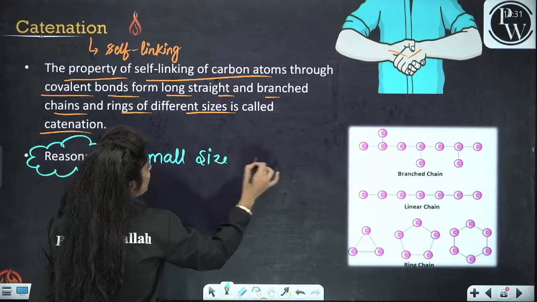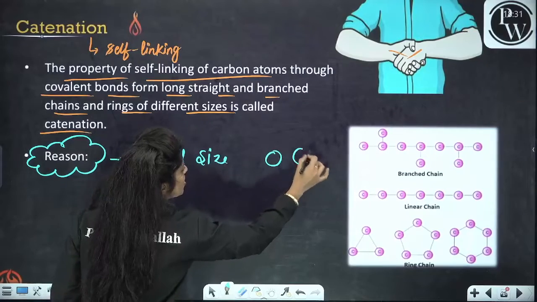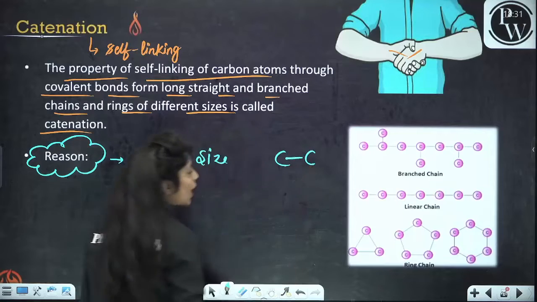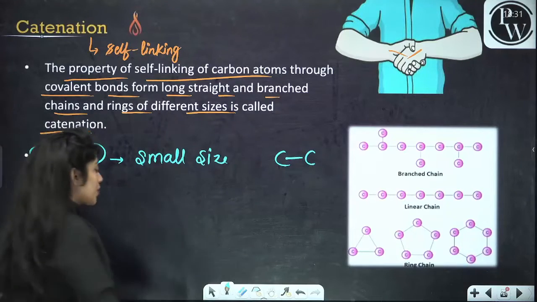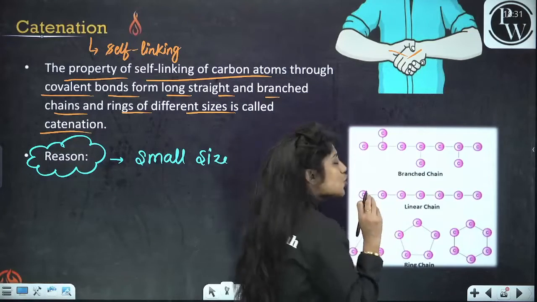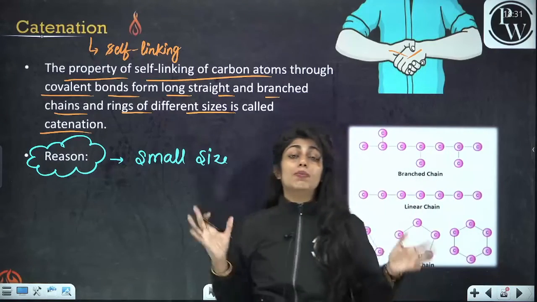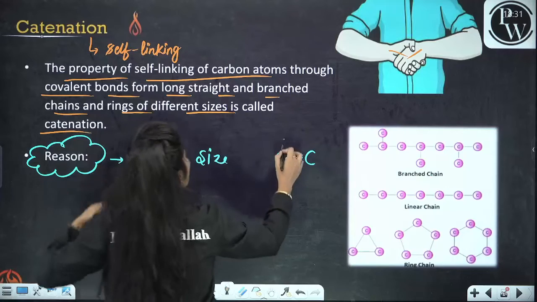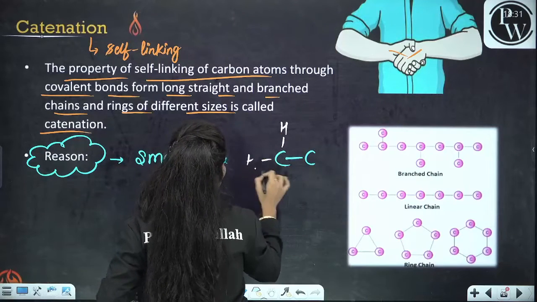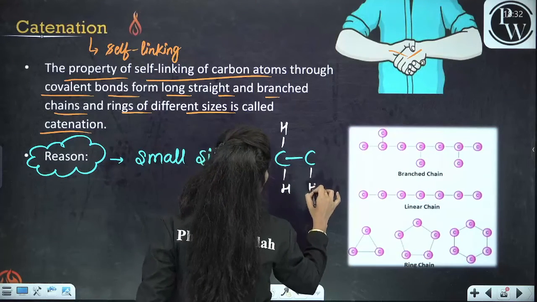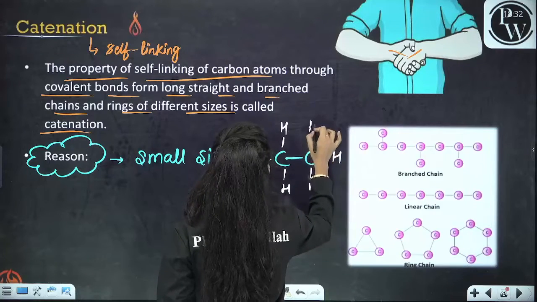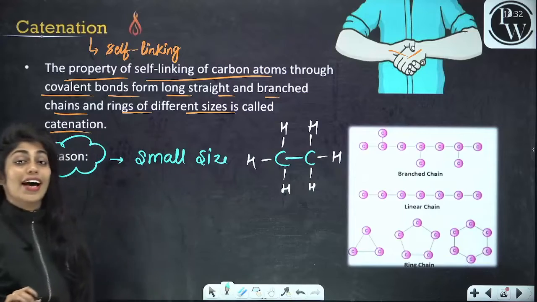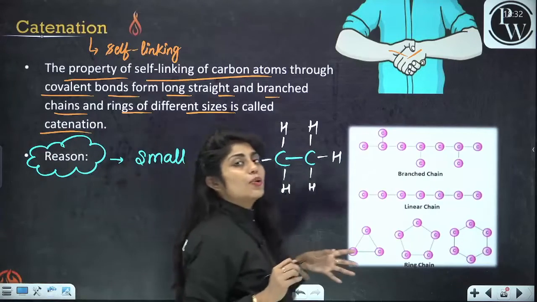Small size of carbon. Suppose this is your carbon 1, this is your carbon 2, making a bond. Carbon-carbon bond. Okay, I'm just showing you how carbon makes a bond with carbon itself. Suppose the others are hydrogens. That will help you. So carbon has a smaller size. Now, how can it be an advantage?